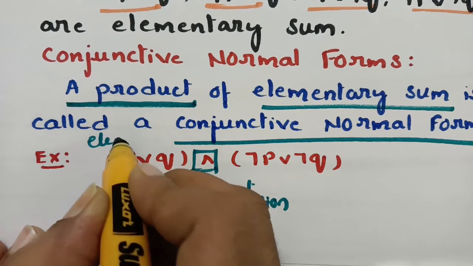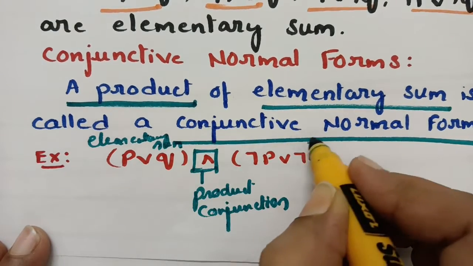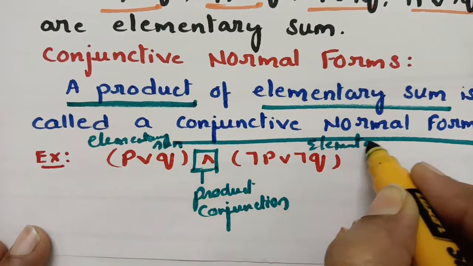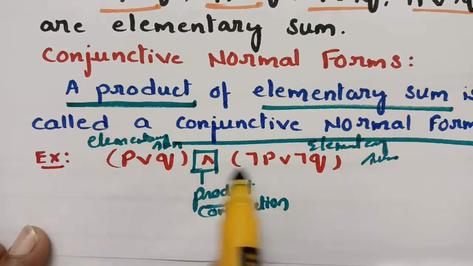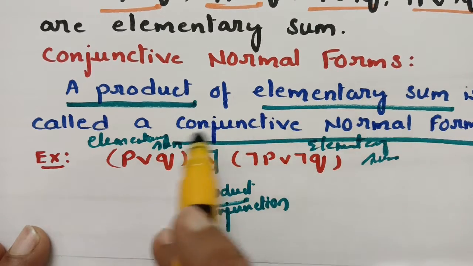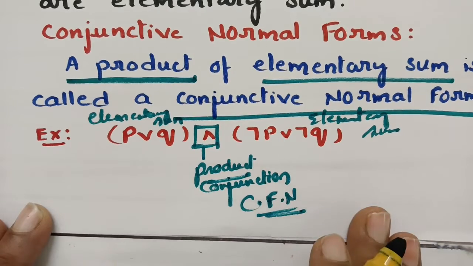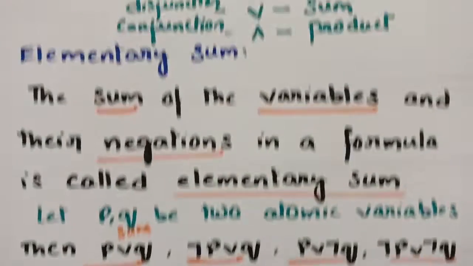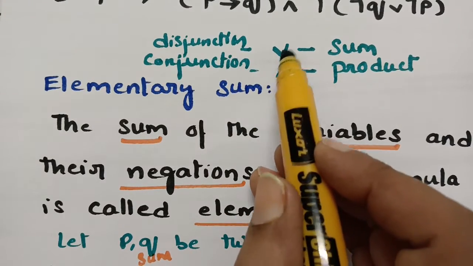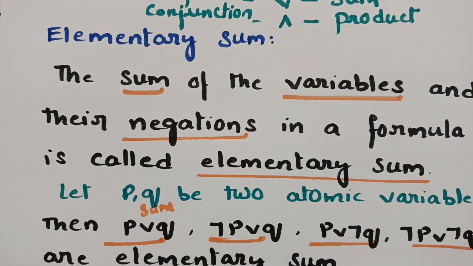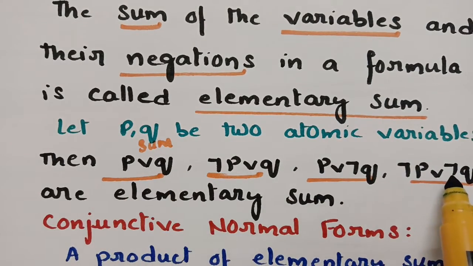Just now I have taught what an elementary sum is. This is an elementary sum, and this is also an elementary sum. The product of elementary sums is called CNF, that is, conjunctive normal form. The sum symbol is represented by cup or disjunction, so between any two variables and their negations, these are all the sums.